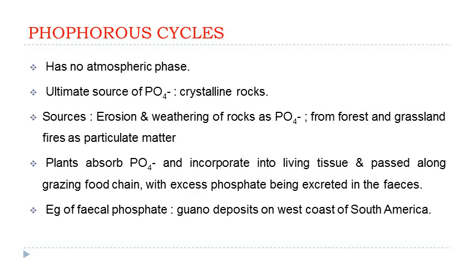During excretion in animals and by the death and decomposition of plants and animals, the phosphate is released back to the soil. So that is a simple cycle, but it is a very slow process, and the phosphorus cycle doesn't have any gaseous or atmospheric phase.